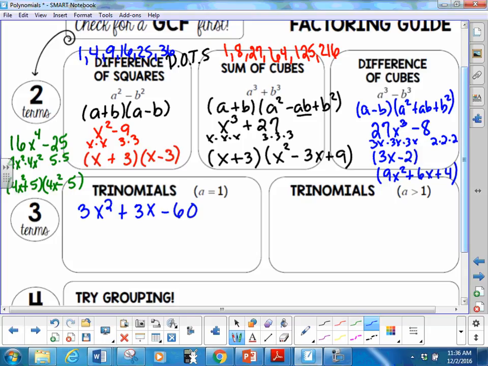Does this one have one? Yes, 3. And I just divided everything by 3. 3 divided by 3 is 1. 3 divided by 3 is 1. I dropped my sign down, and 60 divided by 3 is 20. Now I'm in business. I've done that first step.